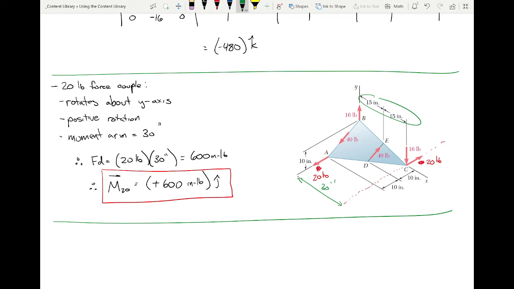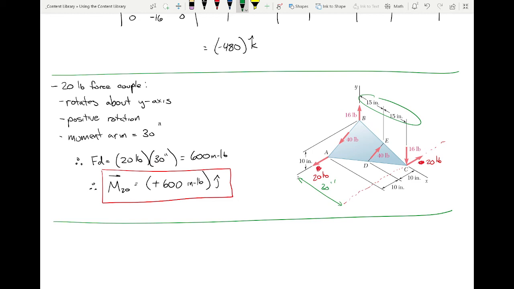Now, so we've taken care of the 16-pound force couple. We've taken care of the 20-pound force couple. What about the 40-pound force couple? Which method do you think is best for that? I would use method 2. The axis of rotation is a little more complicated because the forces are all inclined.